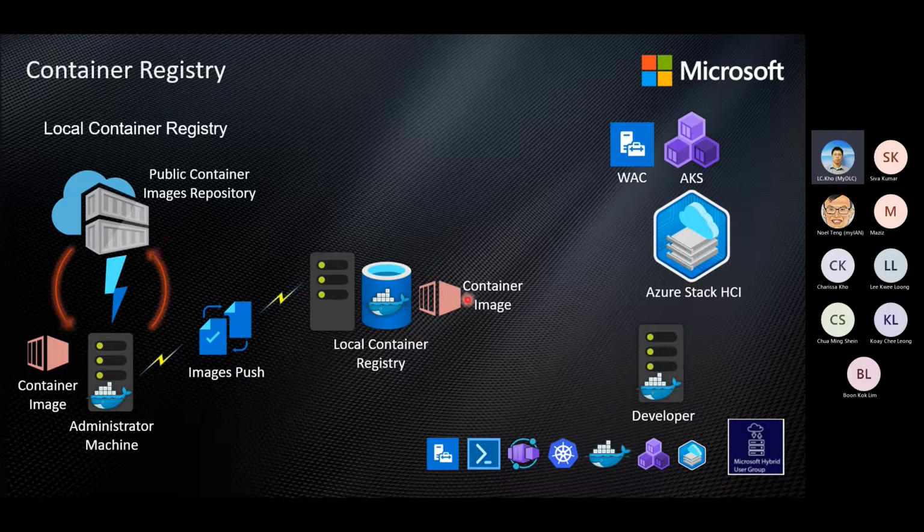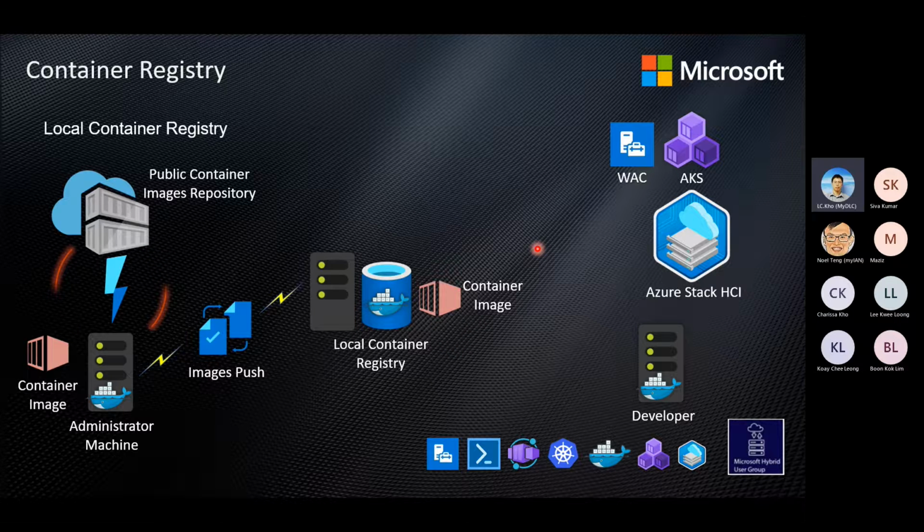Once the container image is properly tagged and pushed to the local container registry, it's ready to serve other services, like the Azure Kubernetes Service, or even a developer who wants a particular image.